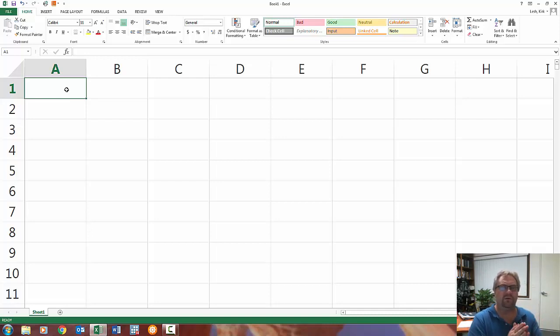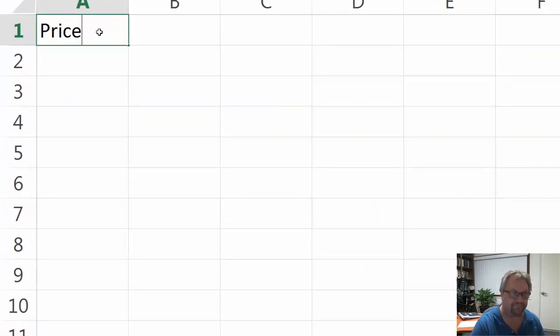So the first thing that you want to do when you are setting up these worksheets is keep them as flexible as possible. What that means is instead of embedding a lot of things in the cells, I'm going to keep everything out in what we call input cells. So for example, price 249.